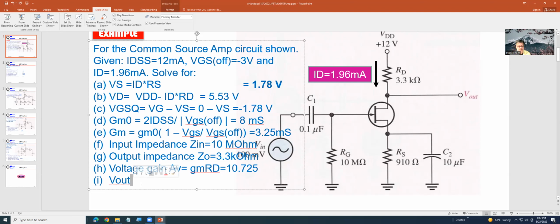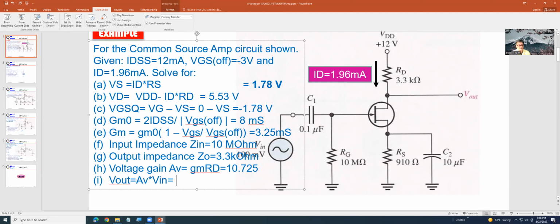VL equals the gain, AV, times VIN. It's 10.56.